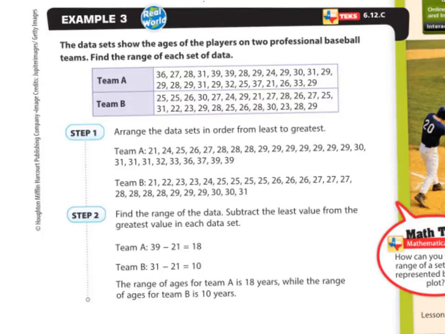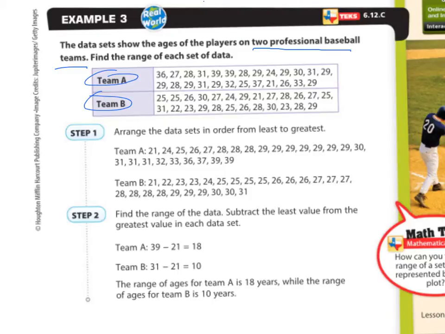All right, so it says the data set shows the ages of the players on 2 professional baseball teams, Team A, Team B. Find the range. So we have to find the biggest number and the smallest. So the biggest, there's 36. That's pretty big. 39.